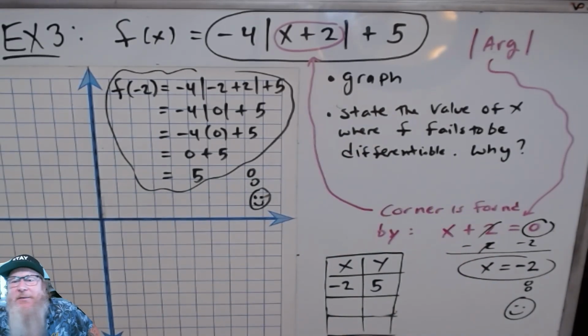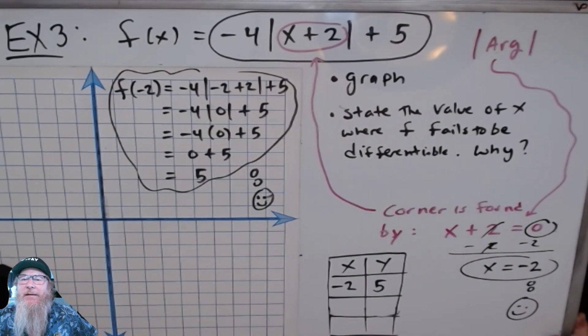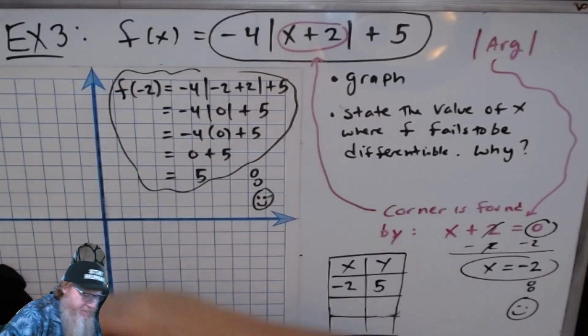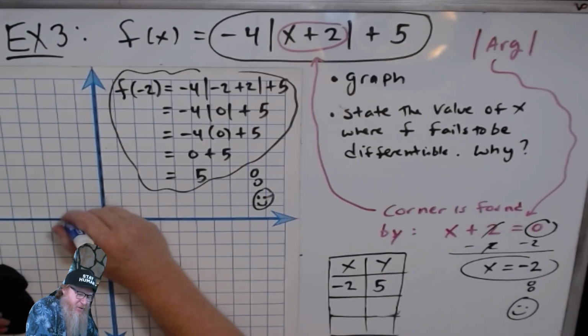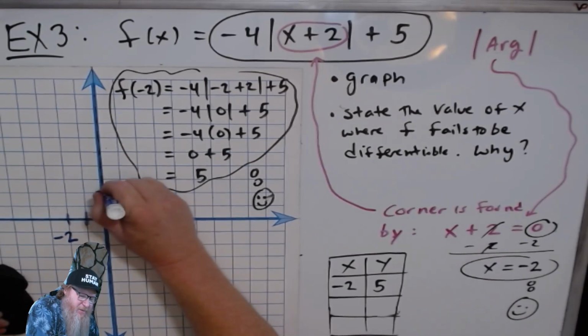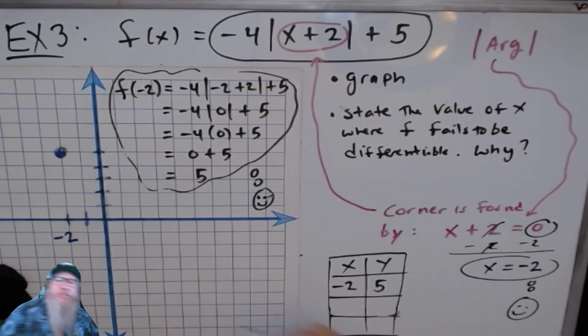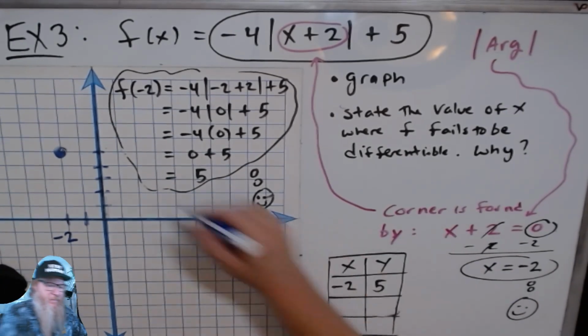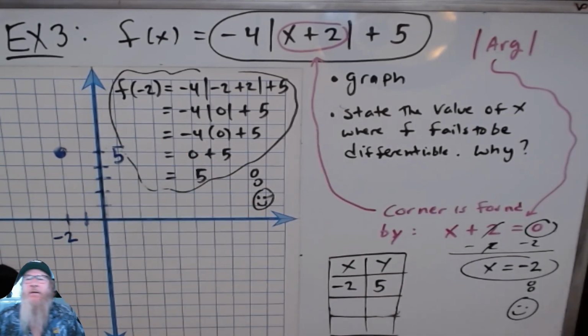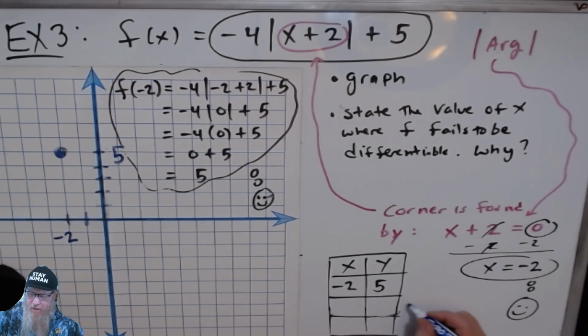That's the reason why it's a corner. So when I draw my graph, I'm going to go -2 and then 1, 2, 3, 4, 5 right here. That's my corner. Now I need one more point.